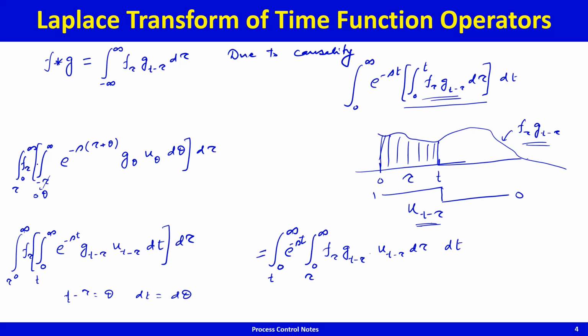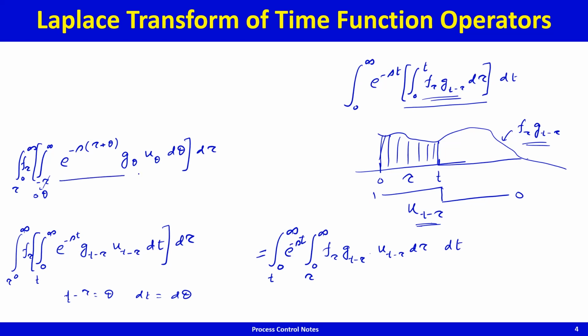And then you can see that e to the power minus s tau will come out of it, and there is e to the power minus s theta, g theta, u theta, which is 0 otherwise.